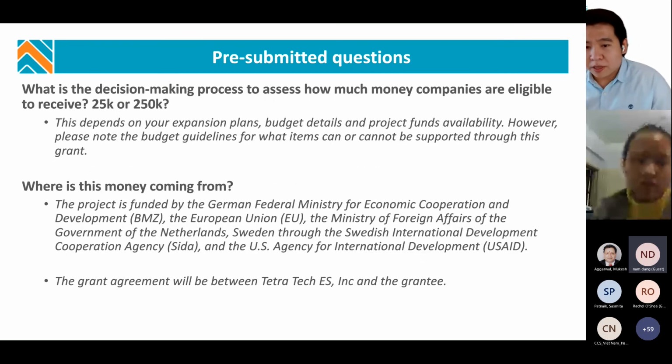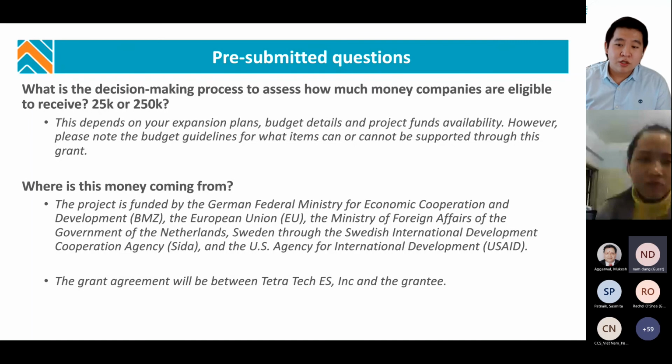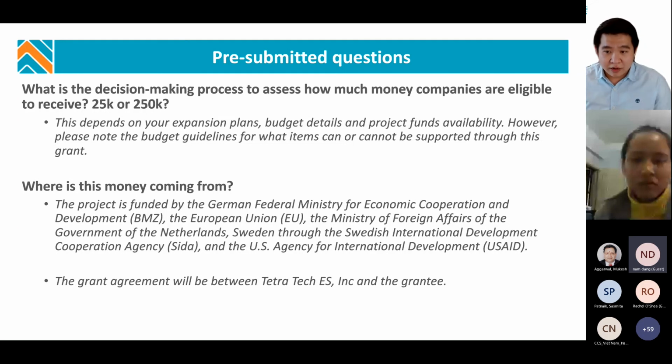The next one is about the grant. What is the decision-making process to assess how much money the company or organization is eligible to receive? It depends on your expansion plans, your impact moving forward, the budget detail, and the milestones you plan to achieve.